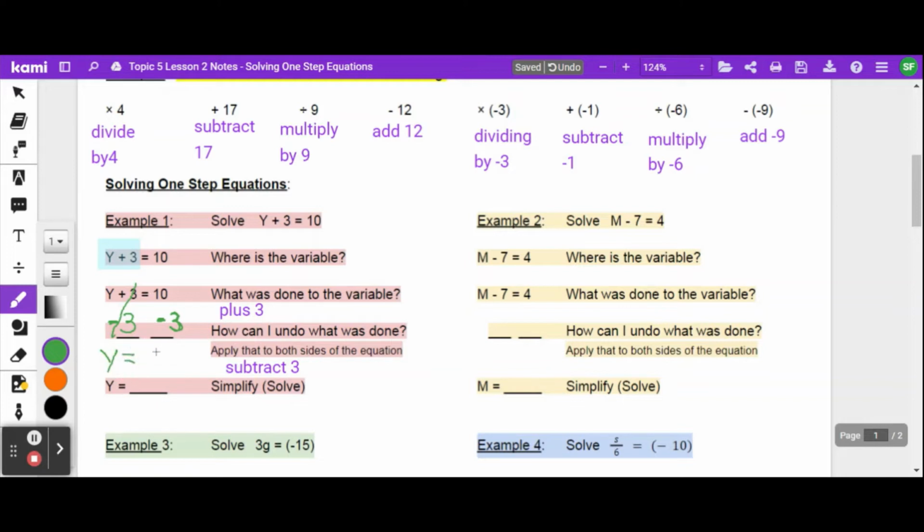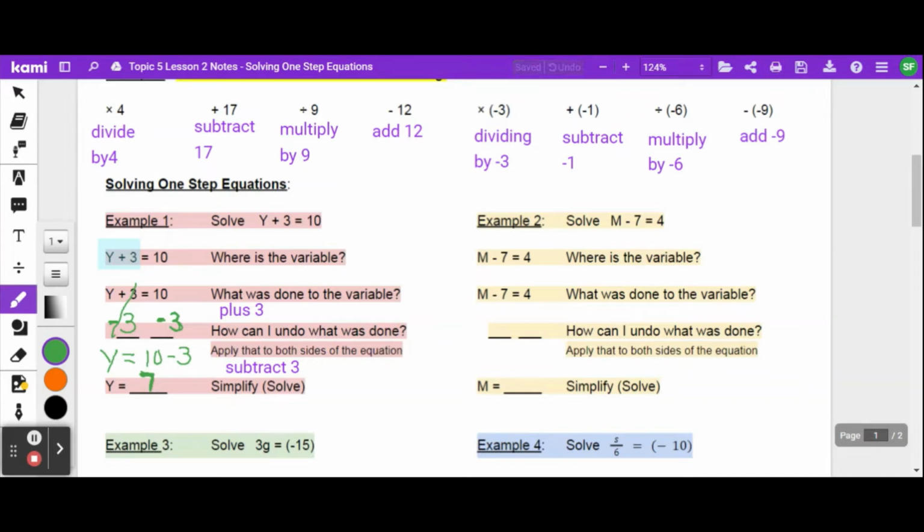On the other side, I just have a simple math problem, 10 minus 3, which is 7. So y equals 7. That is the only value for y that is going to make the statement true.